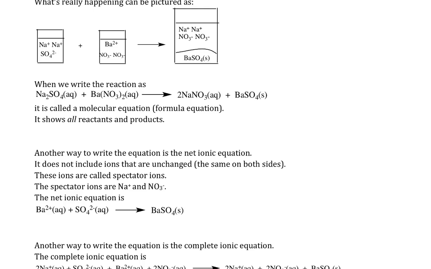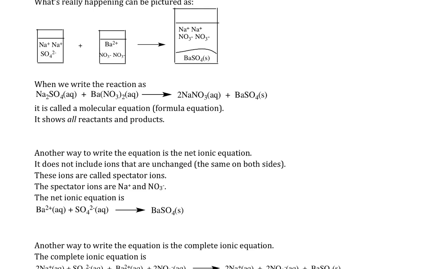So our net ionic equation is Ba2+ aqueous. We had to leave the NO3- off, so we now write Ba2+ plus SO4 2-. Again, we left off Na+, so we have to include the charge, the 2- charge. That yields BaSO4 solid.